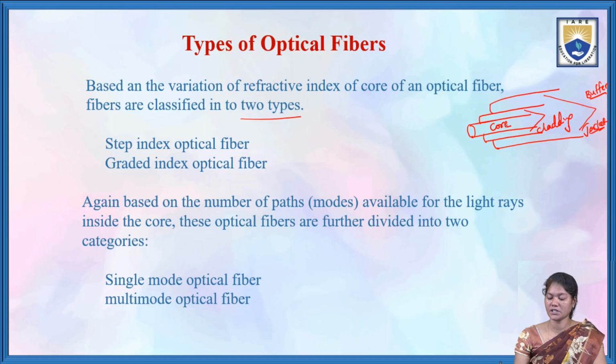This optical fiber works on the principle of total internal reflection, which happens between the core and cladding. The buffer jacket protects the core and cladding. Regarding the refractive indices of core and cladding, N1 is greater than N2.